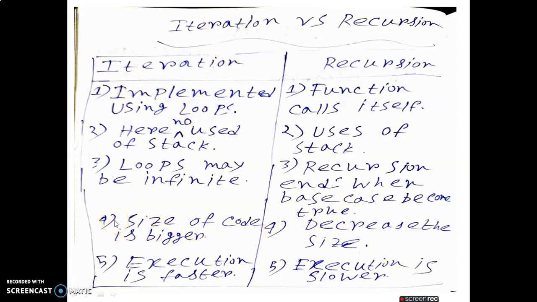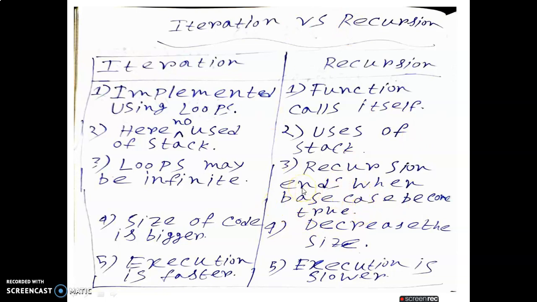If we look at iterative code, meaning for loops, while loops, do while loops, the code size is huge. But in recursion, the code size decreases. Now the last point: iteration's execution speed is fast, but recursion's execution is very slow.